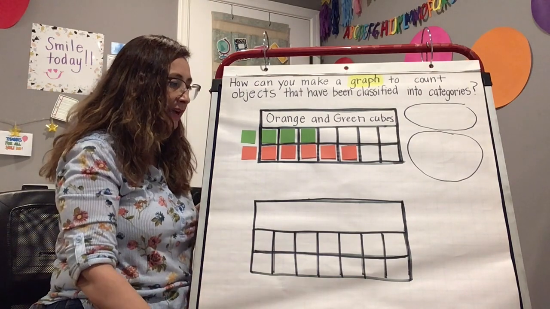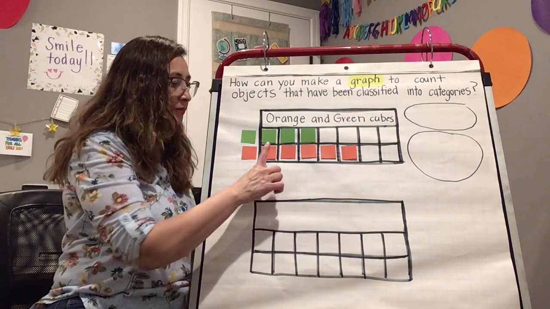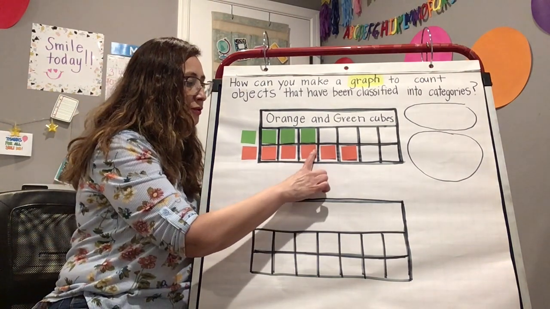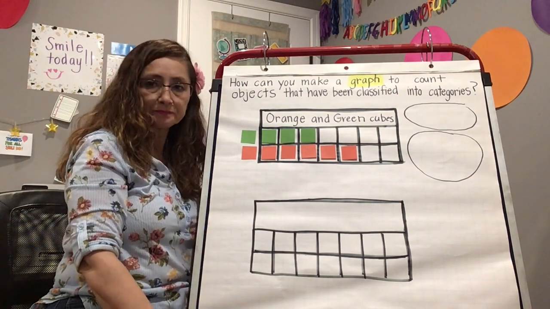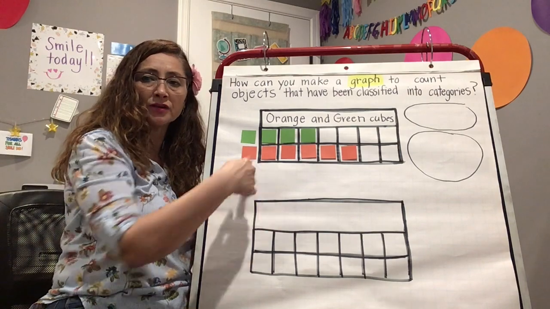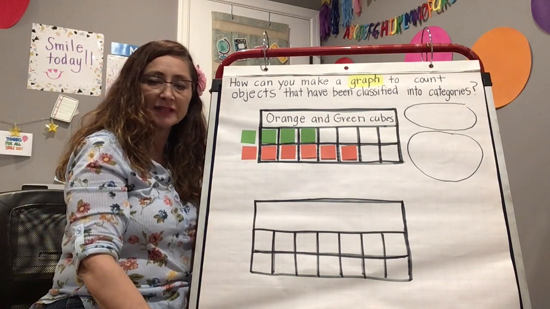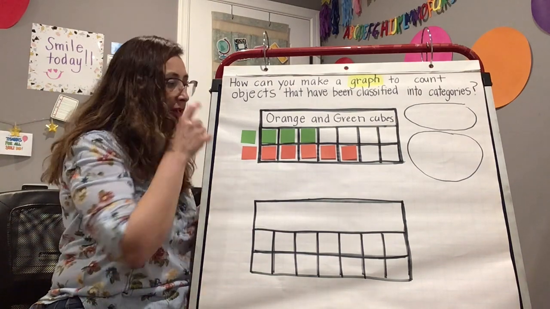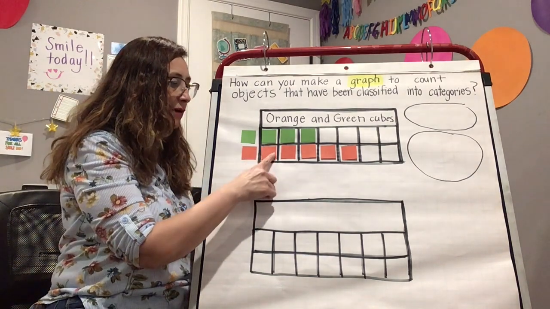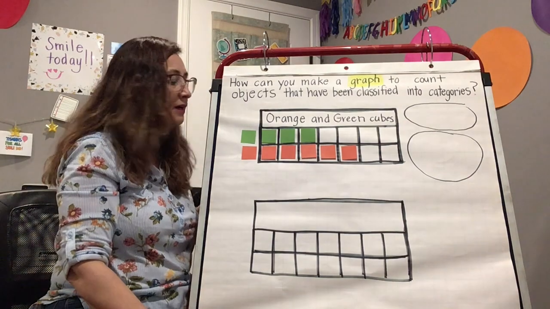Someone said we have 5. Let's check. 1, 2, 3, 4, 5. Were there 5? Yes, that's right. How do you know that there's 5? That's right. 3 plus 2 is 5. Very good. Or you can just count by ones and you know that's 5, right?